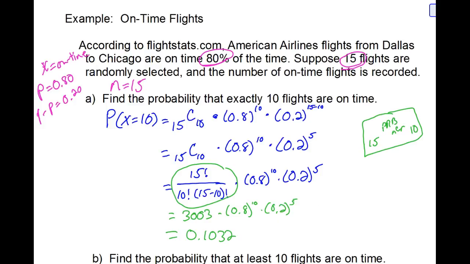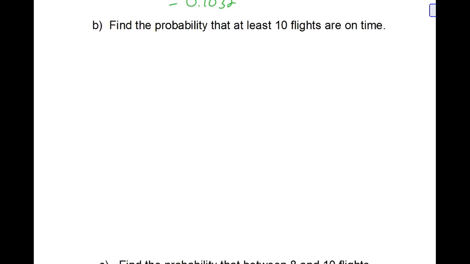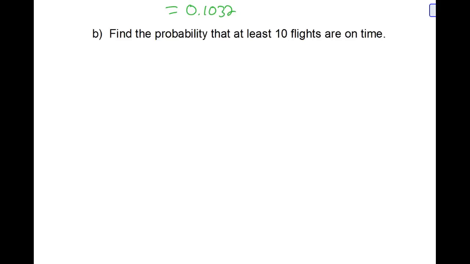Now let's look at part B. I want at least 10 flights to be on time. So if I'm looking at the probability for at least 10, that means greater than or equal to 10, because I want at least 10.